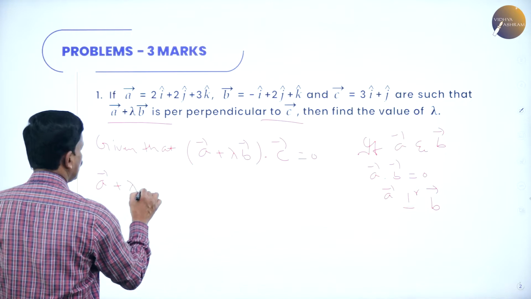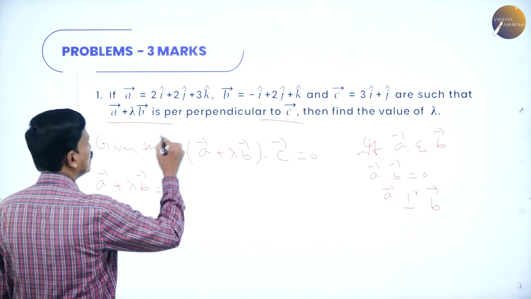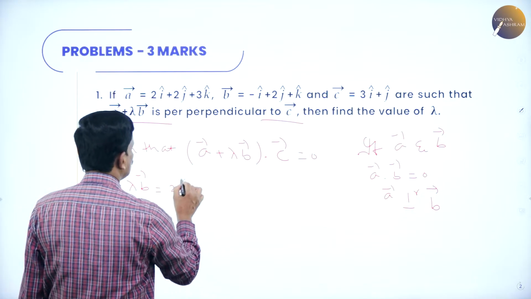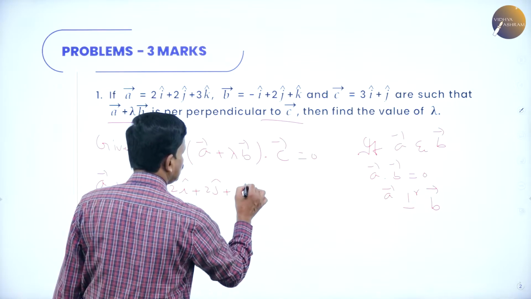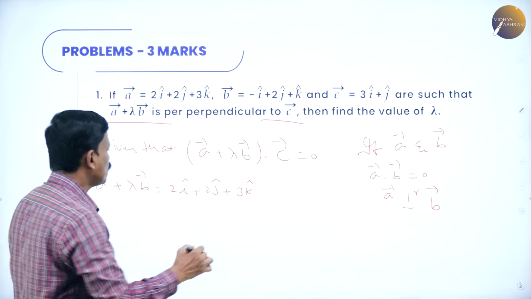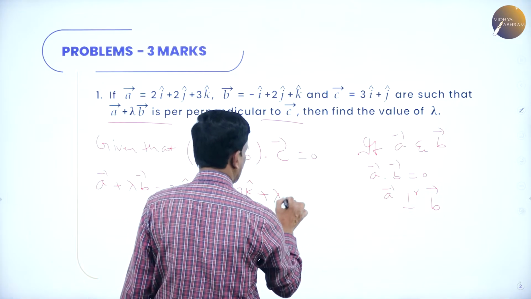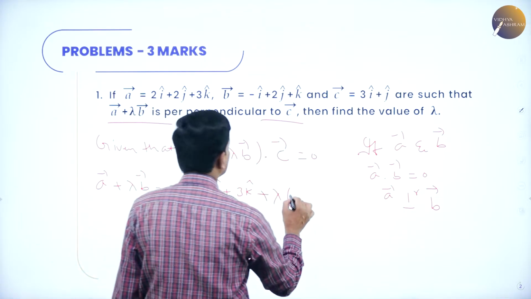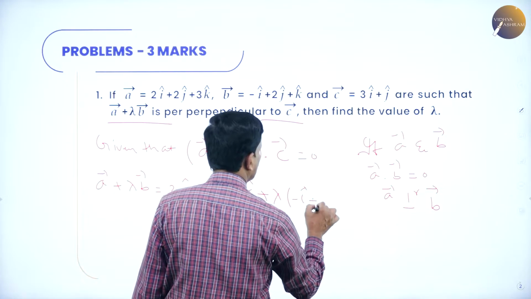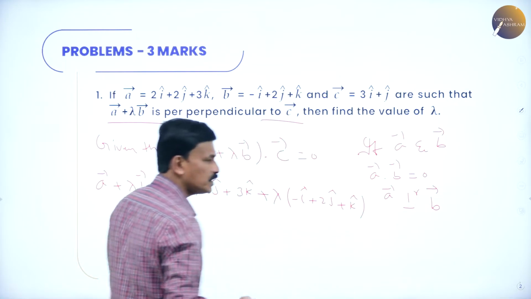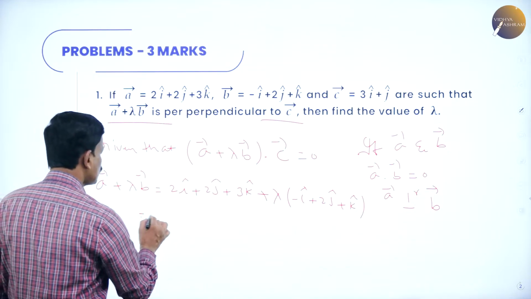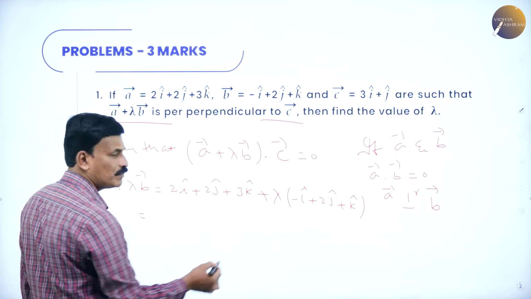Vector A plus lambda into vector B can be written as, what is vector A? 2i cap plus 2j cap plus 3k cap, plus lambda is a constant, lambda into vector B. Vector B is minus i cap plus 2j cap plus k cap. Now multiply by lambda and add it.